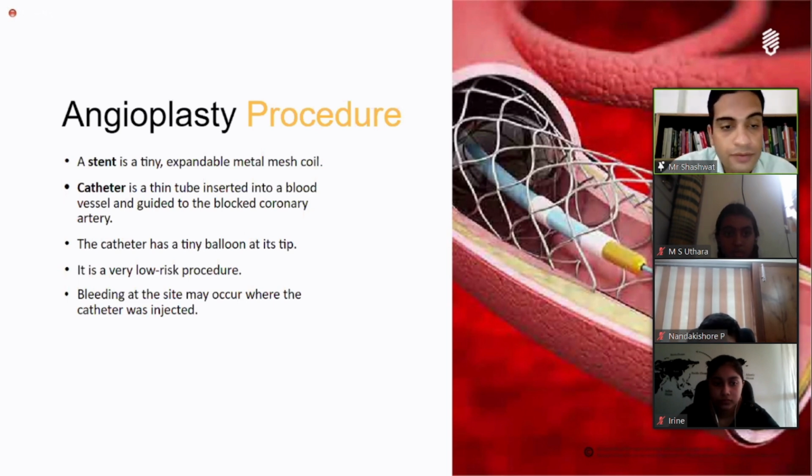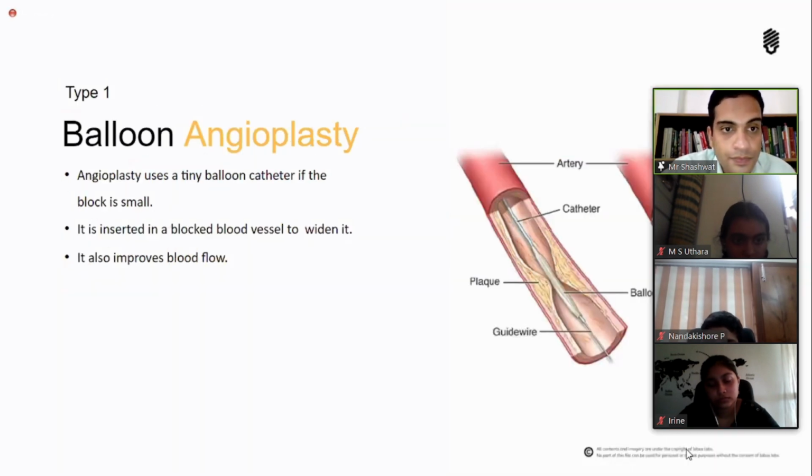Now on the tip of this catheter we put a balloon. It's a similar procedure to what we did in the case of the pipes, and it's a very low risk procedure. What can happen is it can result in some bleeding at the site where the catheter is injected.